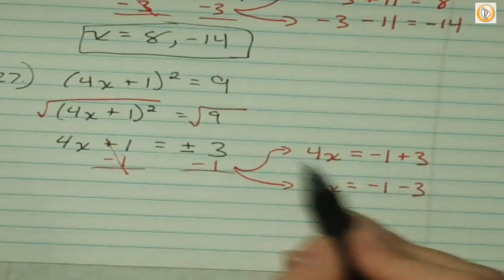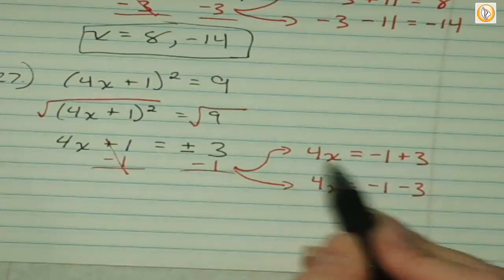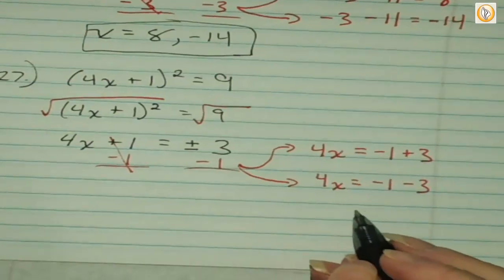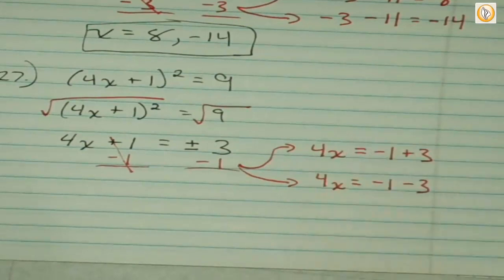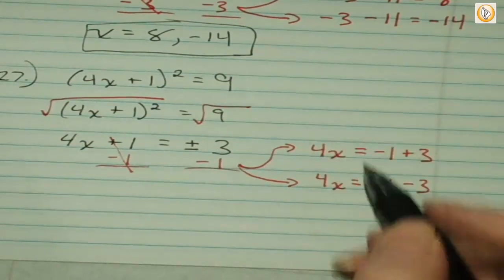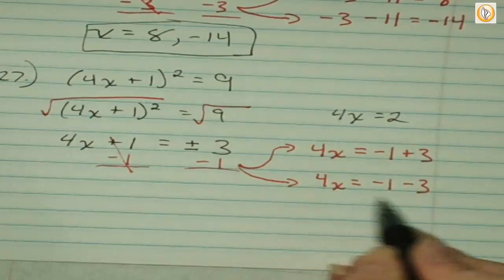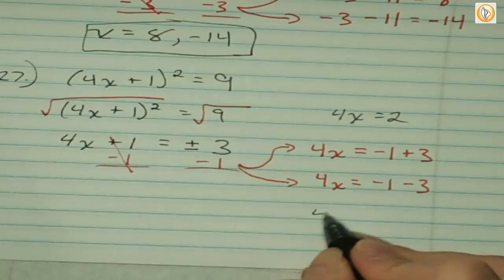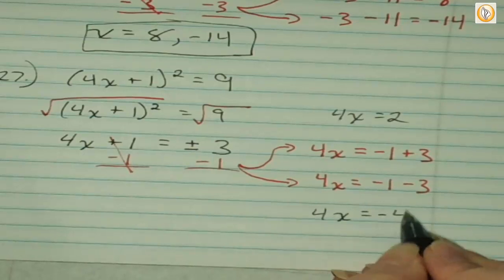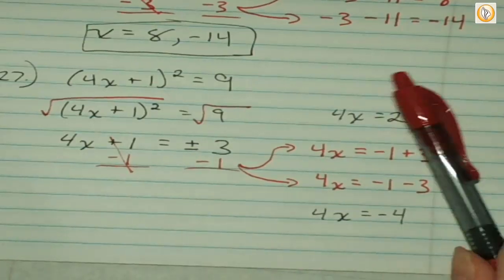So then, Aiden, what is this equation? 4x equals 2. I'm going to write it right here. And what does this equation give me? 4x equals negative 4. Okay, now I've got two equations.